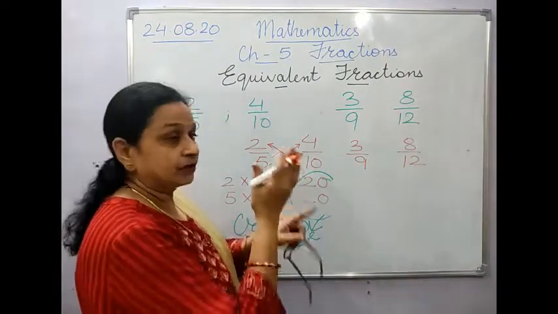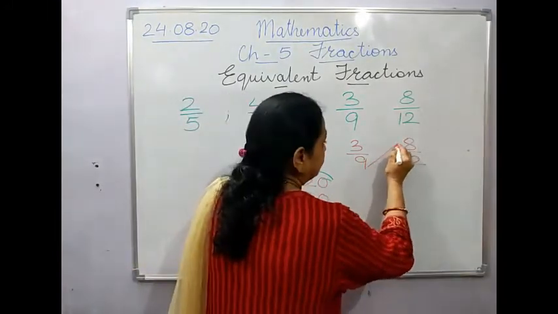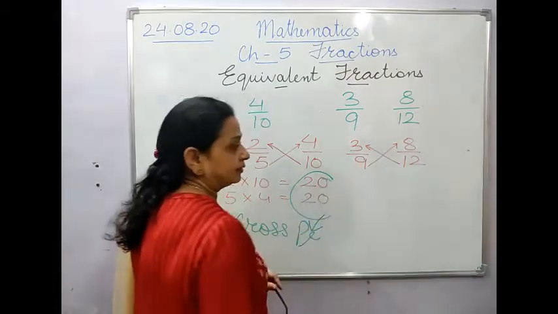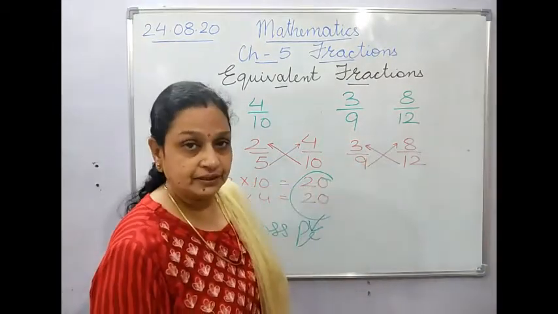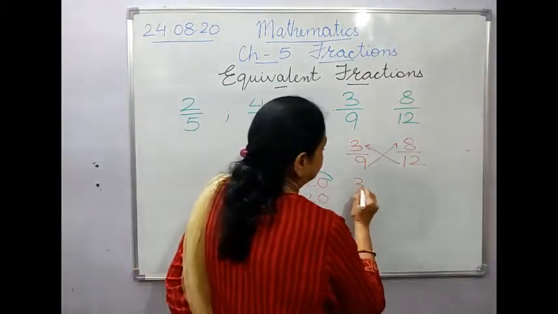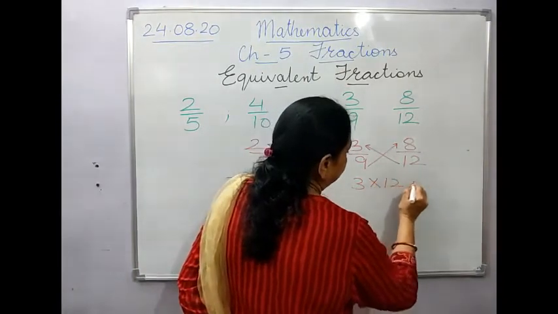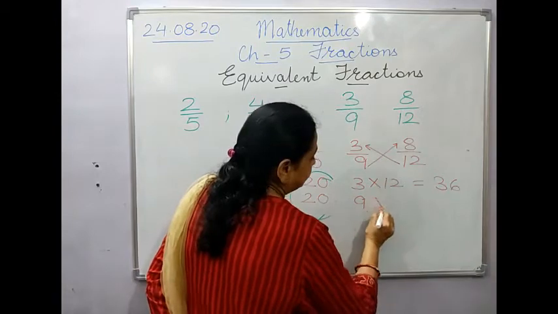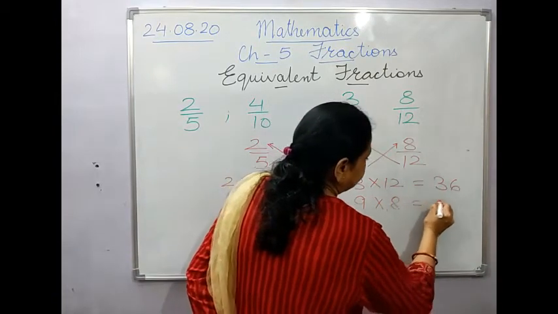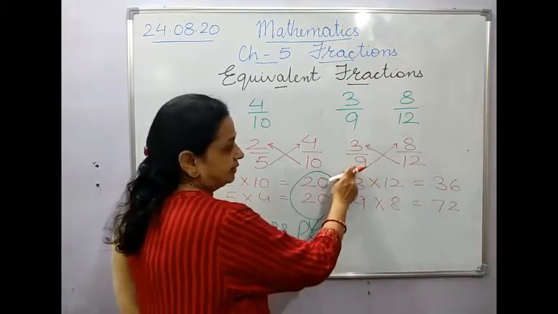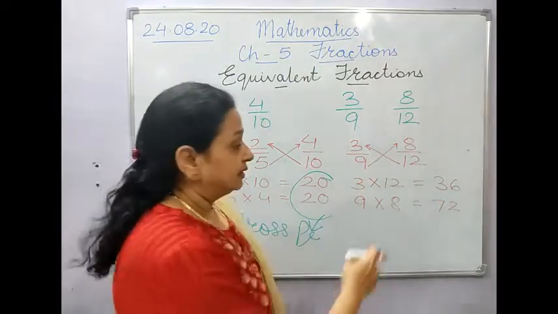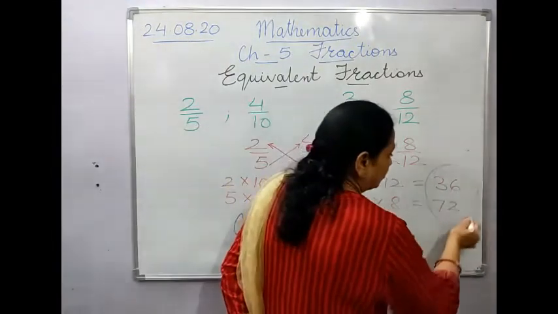The next step, you will cross multiply them. Multiply 3 into 12, 12 3s is 36 and 9 into 8 is 72. 9 8s are 72, 12 3s are 36. These are called as your cross products.